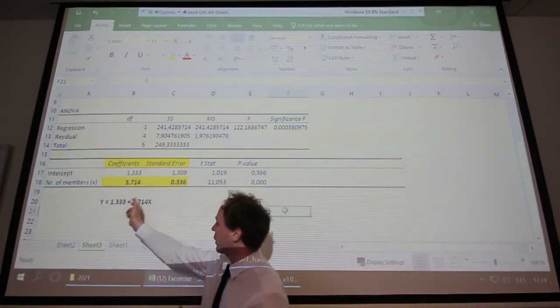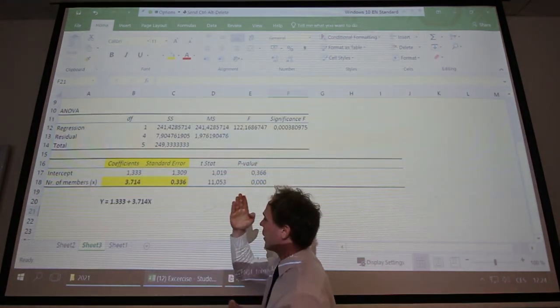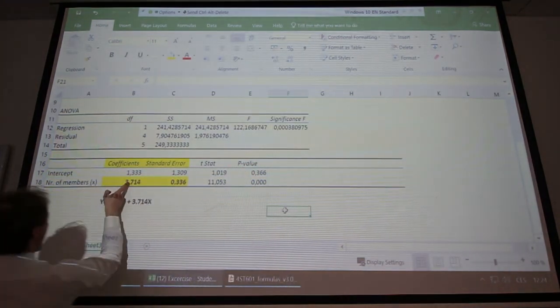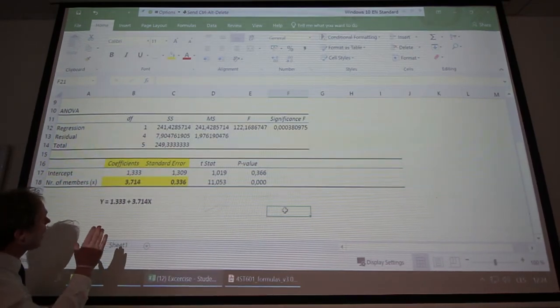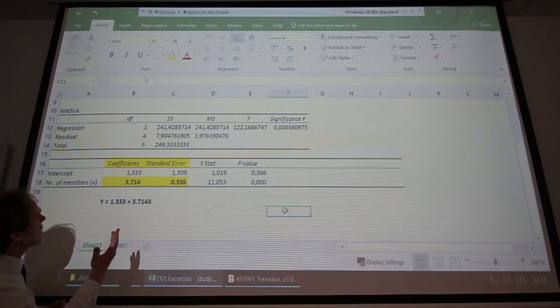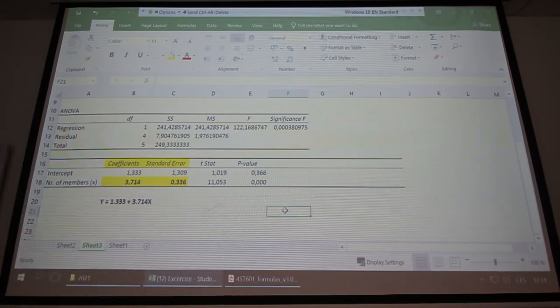So this is our regression line, and now we would like to test this slope, the significance of this slope. So what's important for us? We need B1.